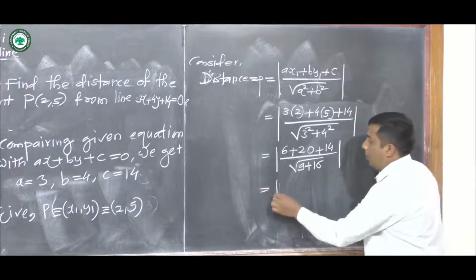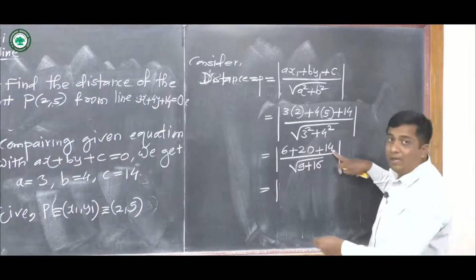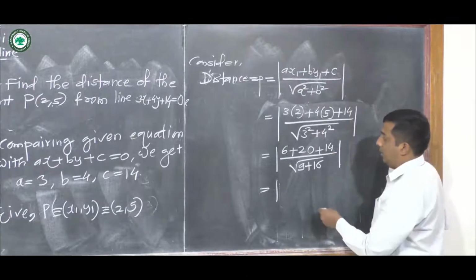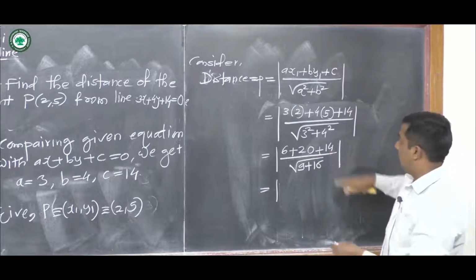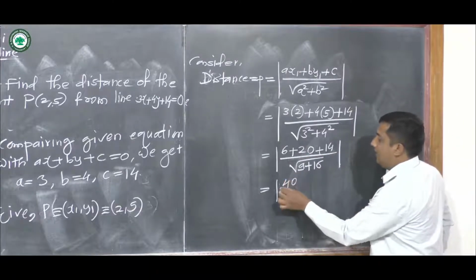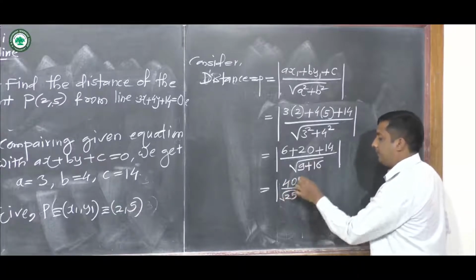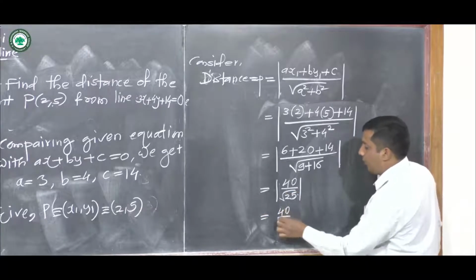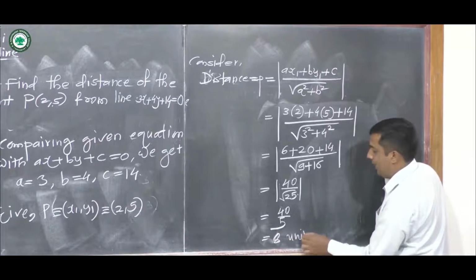So 6 plus 20 is 26, 26 plus 14 is 40. This divided by square root of 25 is equal to 40 upon square root of 25, which is 5, and it is equal to 8 units.